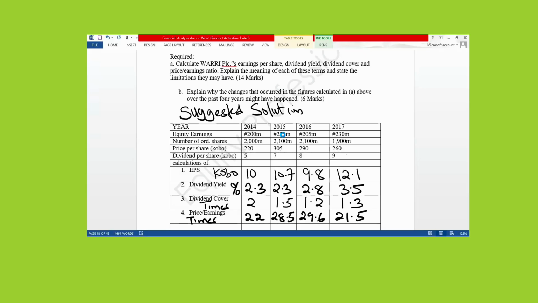Because in 2015, we paid more dividends out than earnings generated. That means there's less retention. With less retention, that can affect our future earnings growth.